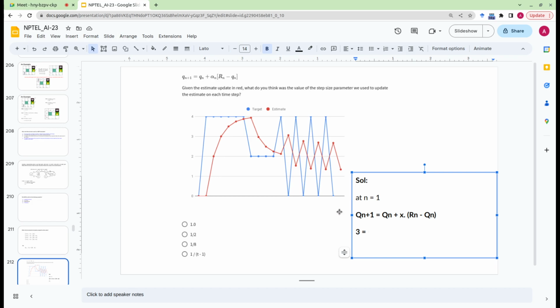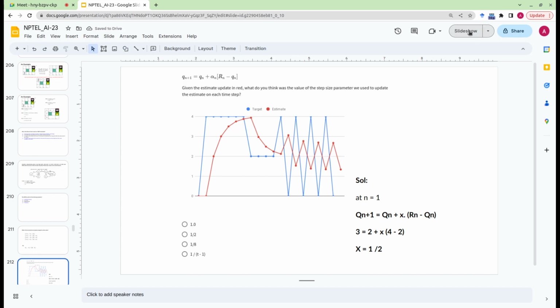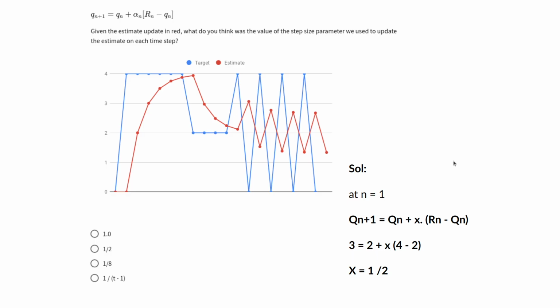It is 2, plus x into, what was Rn? R1 was 4. 4 minus Qn. At the end point Qn is 2, right? So finally it would be 1 by 2. Then it's half. Yeah, I was missing n and 1 by 2. Now it's correct. So the alpha, the learning rate, is 1 by 2.